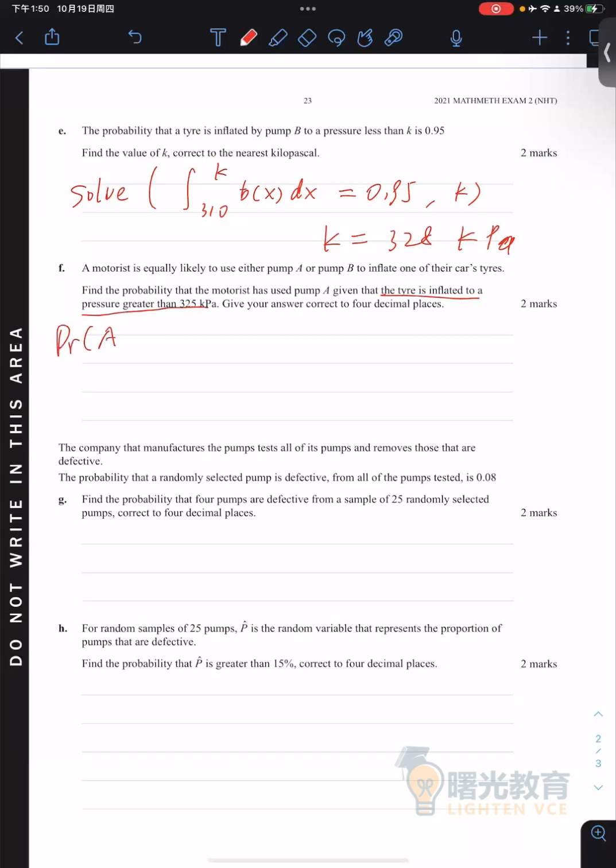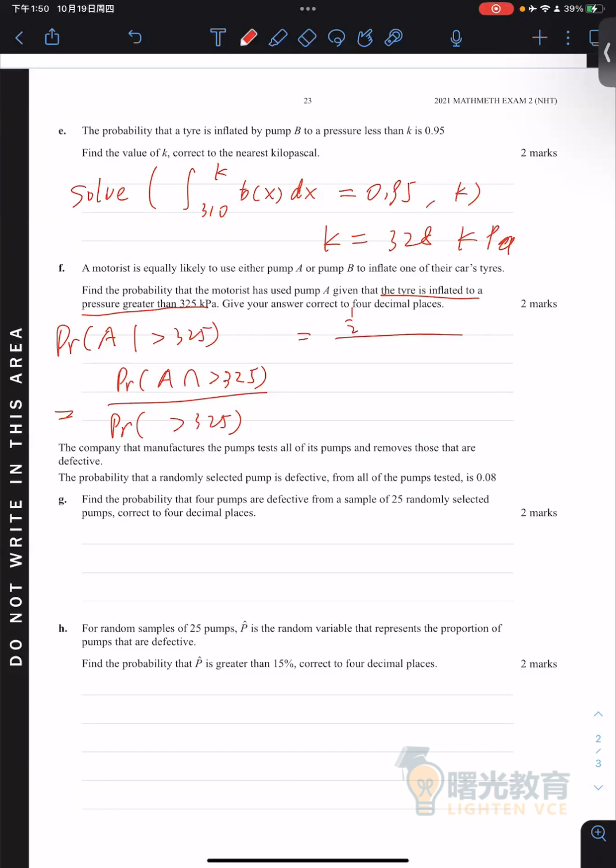So we are looking for the probability we select A, given that the pressure is greater than 325, which means you have to look for the A intersect with the greater than 325, and then for the probability greater than 325. Now, for the probability we select A, that is a half, because it's equally likely to select either A or B. So half. And then we're going to multiply the A greater than 325, right?